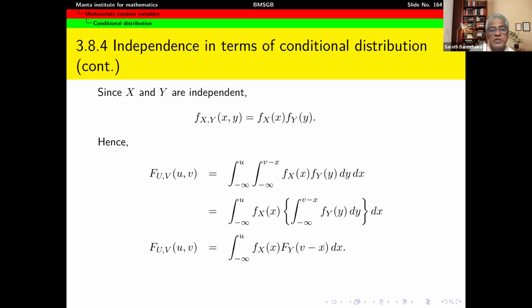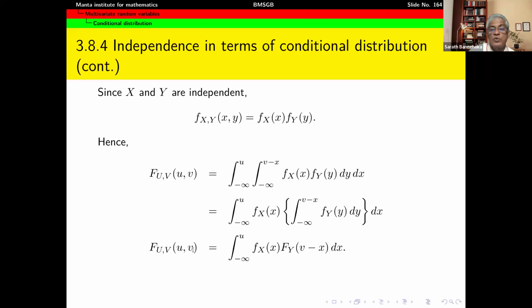So now we have this expression in general, if x and y are independent, for the cumulative distribution function of u and v. But what we are really interested in is the joint density function of u and v. So we have to differentiate this with respect to u and v.